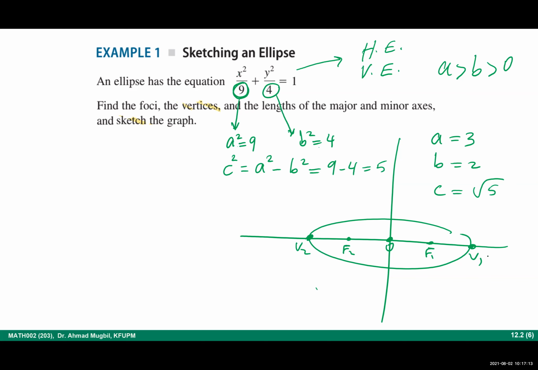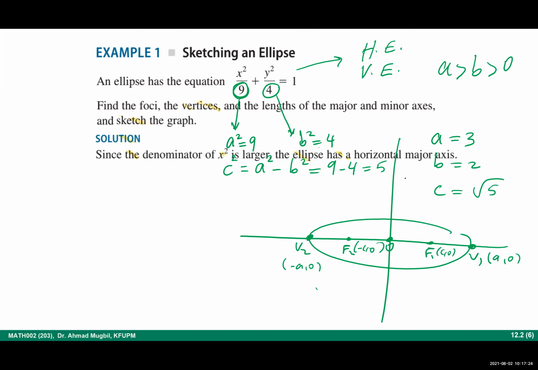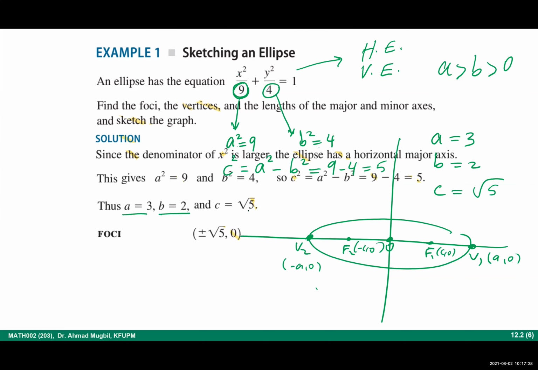The coordinates of the vertices will be A and 0, negative A and 0. Here we will have C and 0, negative C and 0. So easy. The foci will be square root of 5 and 0, negative square root of 5 and 0. The vertices will be 3 and 0, negative 3 and 0.